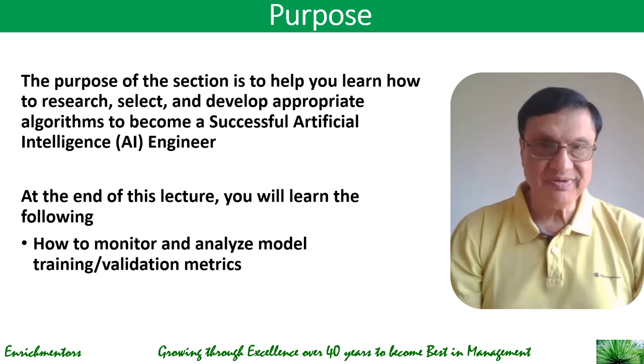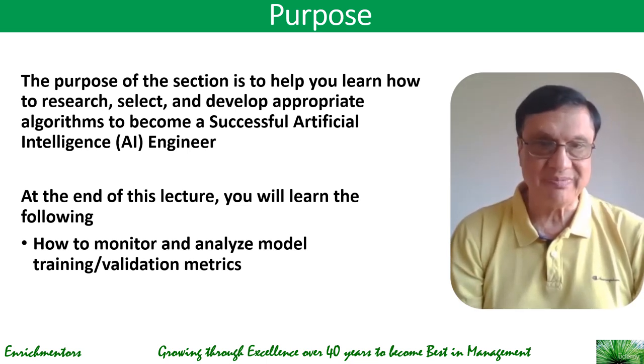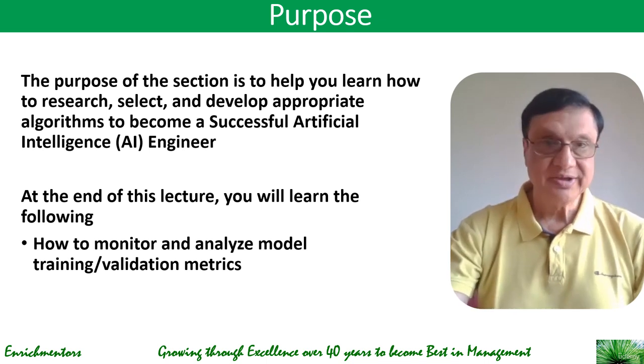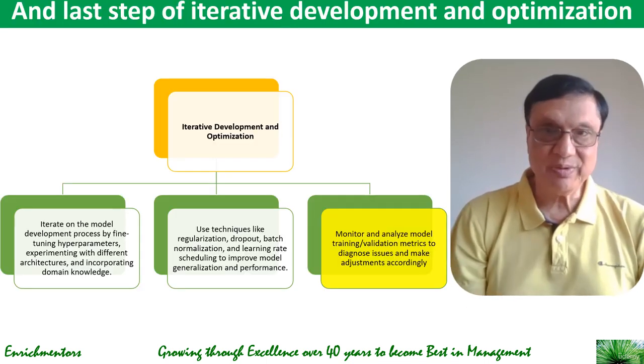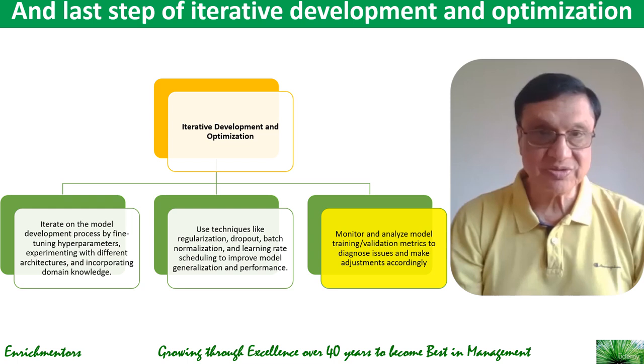So in this lecture, we will talk about how to monitor and analyze model performance and validation metrics after having selected, trained and developed appropriate algorithms. This is the last step of the iterative development and optimization process.